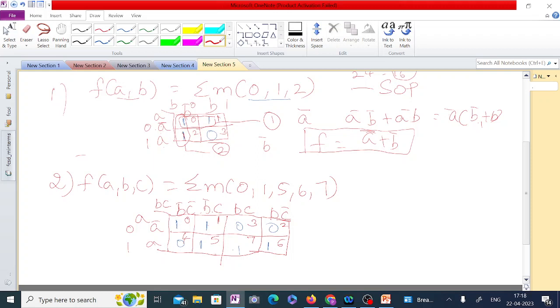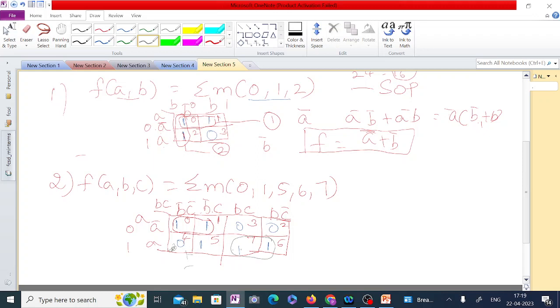So if you carefully examine this, you can form one subgroup here. The other group is this. Then I'm left with this one.